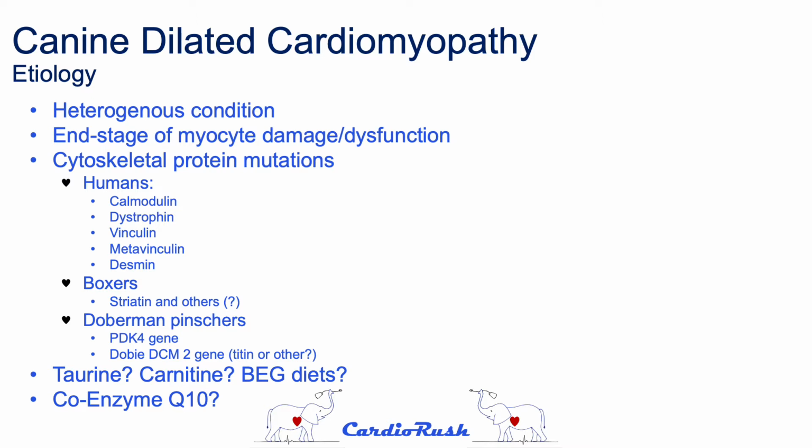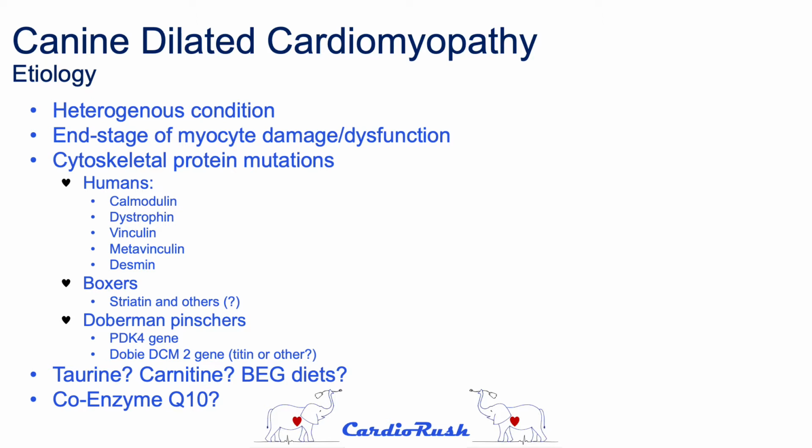Cardiomyopathy in the dog is very likely a heterogeneous condition, and the appearance of dilated cardiomyopathy is sort of an end-stage phenotypic appearance from a variety of things that are not working. In people, a number of genetic mutations have been recognized to cause cardiomyopathy.